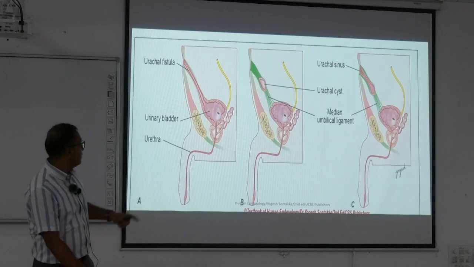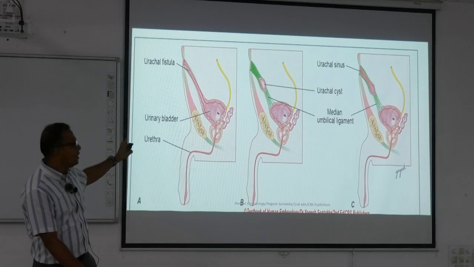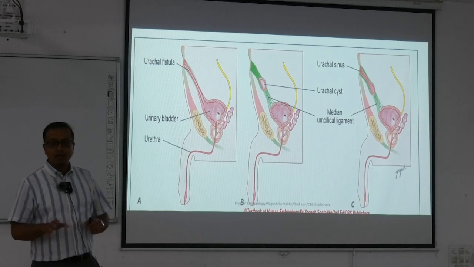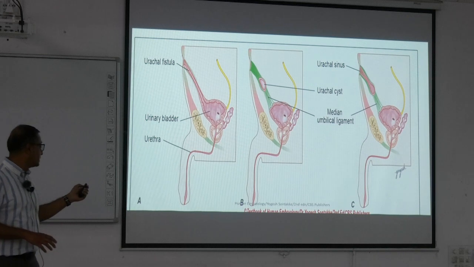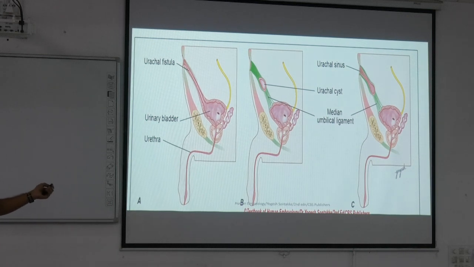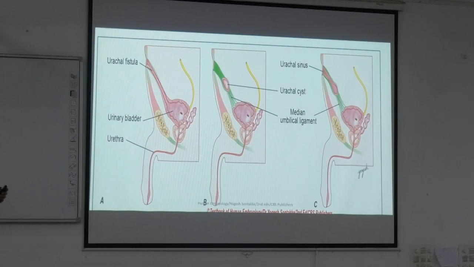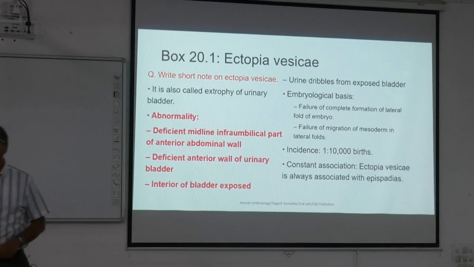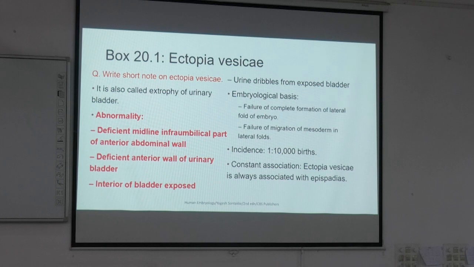Or, if everything is formed in this individual and only the urachus is present, that is a patent urachus or persistence of the allantois, where the anterior abdominal wall is completely formed. We do not have any deficiency in the anterior abdominal wall in that individual, whereas we have anterior wall deficiency in ectopia vesicae. So, these are the two important areas.